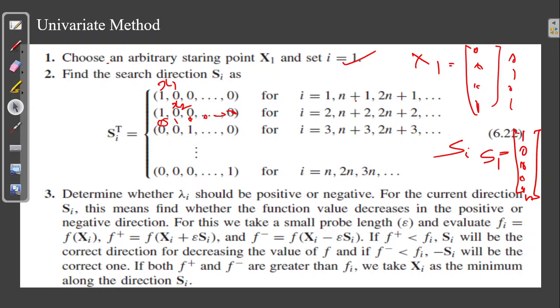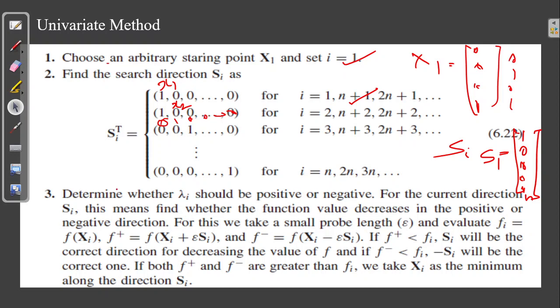That means we will again search in the previous directions also. The directions already searched, we will check once again. That is what I equal to n plus 1, n plus 2, n plus 3 means. So the same directions are repeated, right?